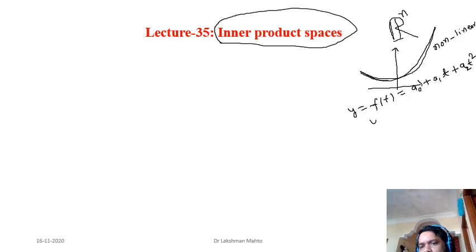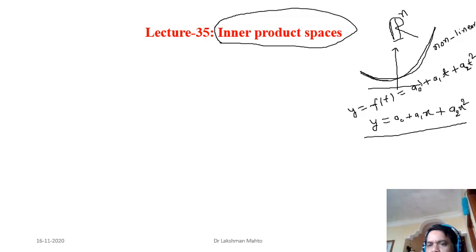So you can simply give another notation of this function this way: y equals a naught plus a1 times x plus a2 x square. I'm trying to relate this presentation with your high school calculus that you have already gone through, so that you won't face any problem. So generally you write a general quadratic curve this way: a naught plus a1x plus a2 x square.